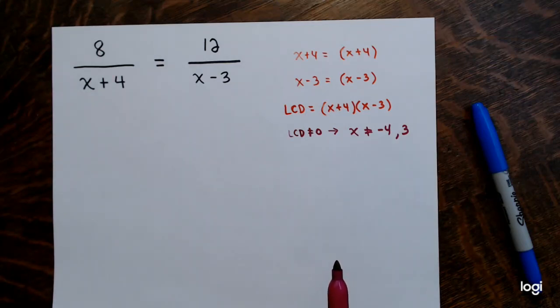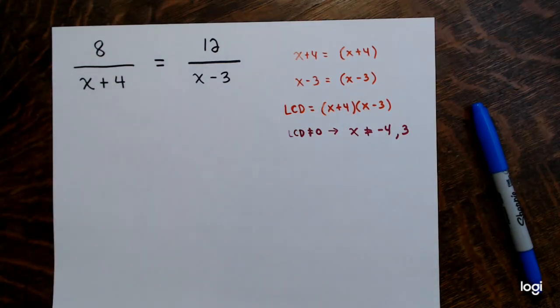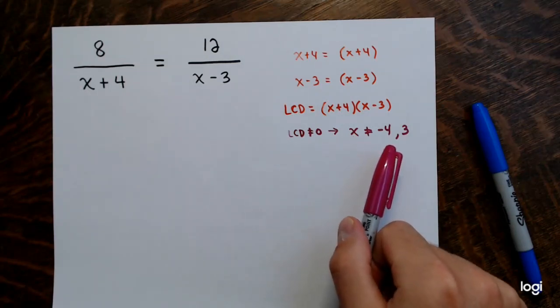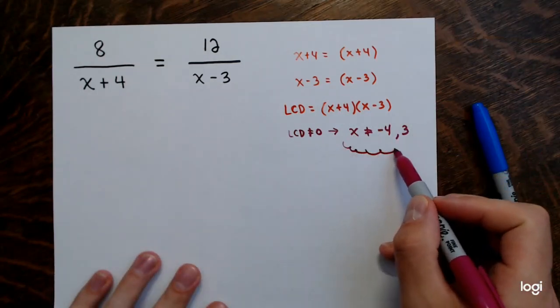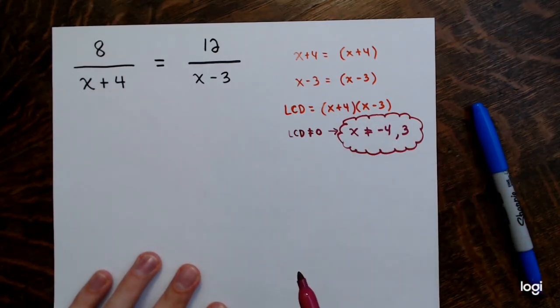It just destroys the entire thing, makes it 0 equals 0, and that doesn't tell me anything. That doesn't give me values that I can replace x with to make this a true statement, and that's what we're trying to find. All right, so as long as these values aren't the value of x, we can continue.